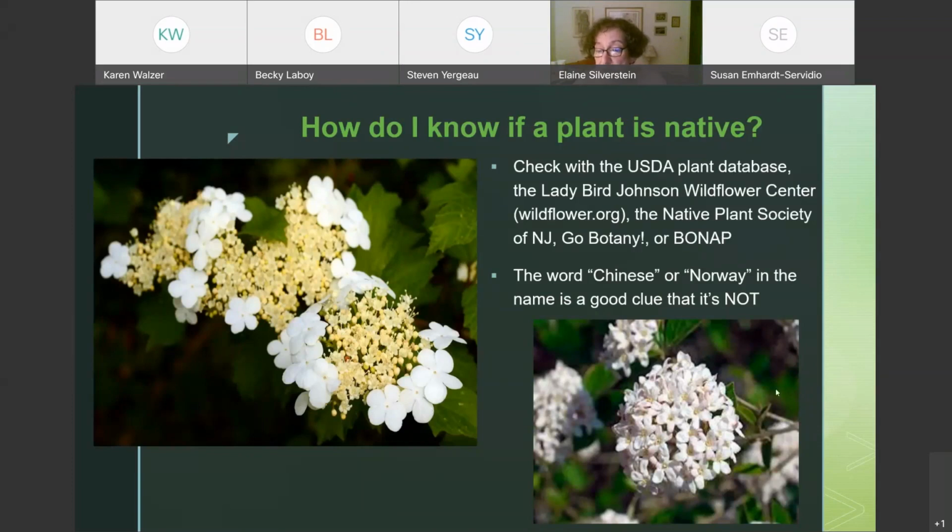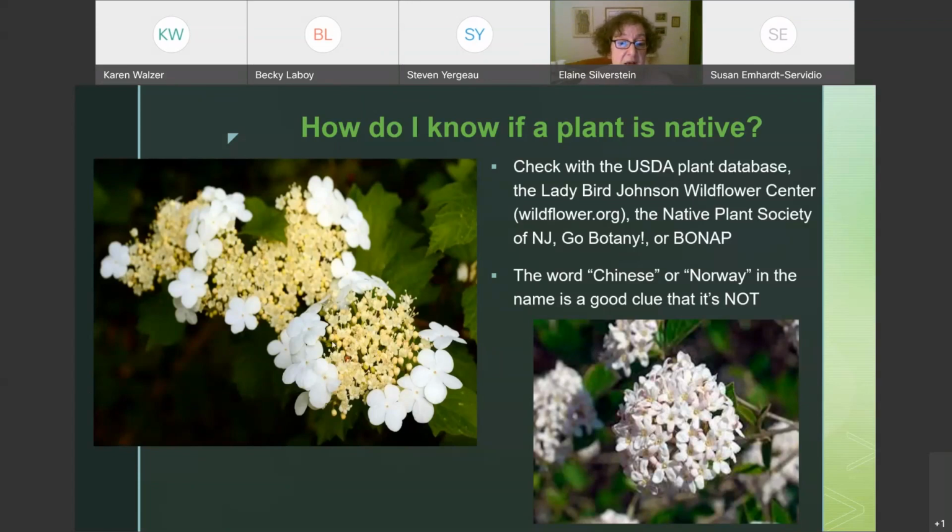Now, this is very often planted as a landscape plant. Luckily, to my knowledge, it doesn't become invasive, but some non-native viburnums are very much becoming invasive. But people plant it because it has this wonderful fragrance. But unfortunately, it doesn't help our native insects at all.